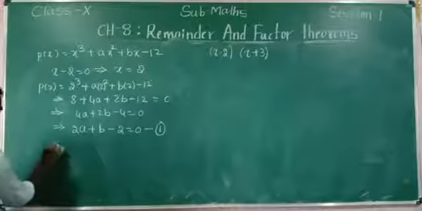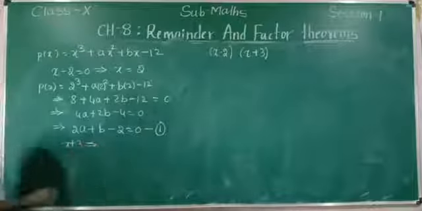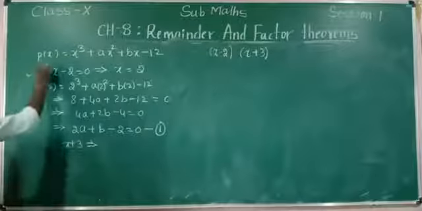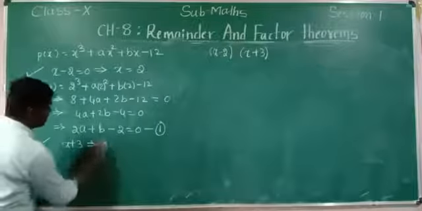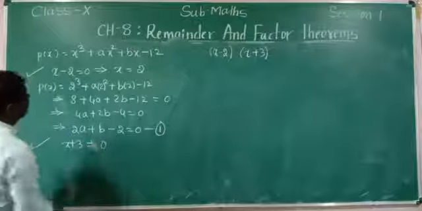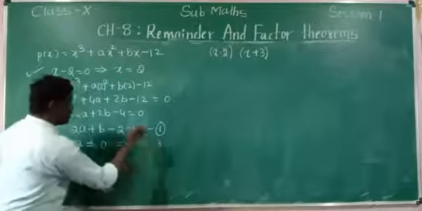Similarly, x plus 3 is equal to 0. This is the first factor and this is the second factor. x plus 3 is equal to 0, then x is equal to minus 3.